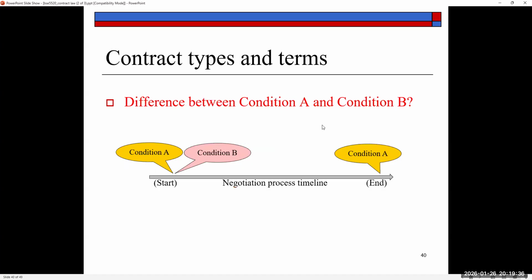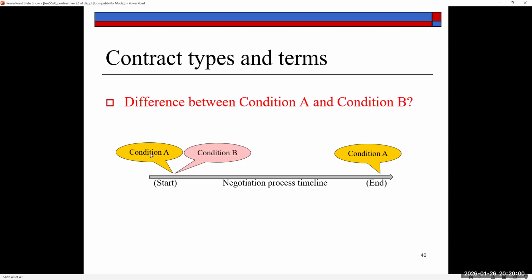As I said, diagrams are useful, especially when you are from a science background, technical, engineering, surveying background. I think you would very much like reading diagrams more than reading text. Say, during the negotiation process, this may be the start of the negotiation process, that is the end.